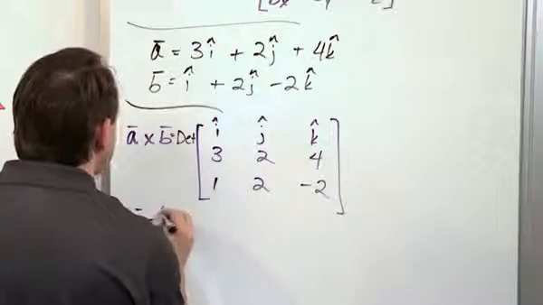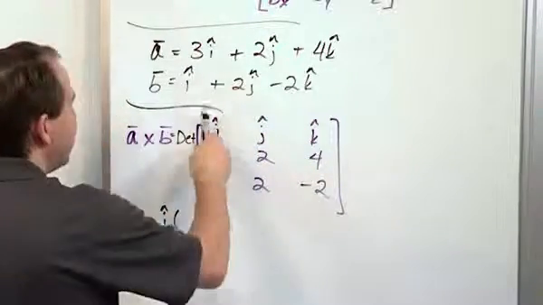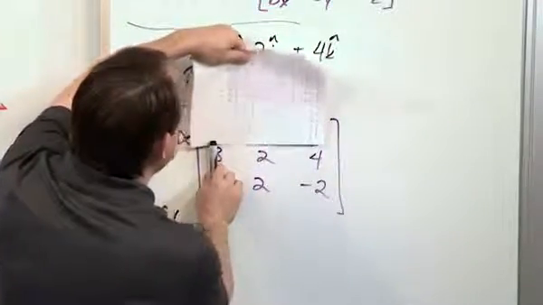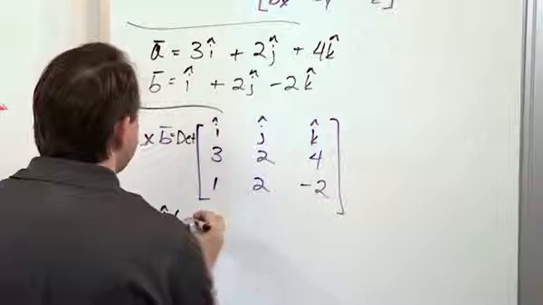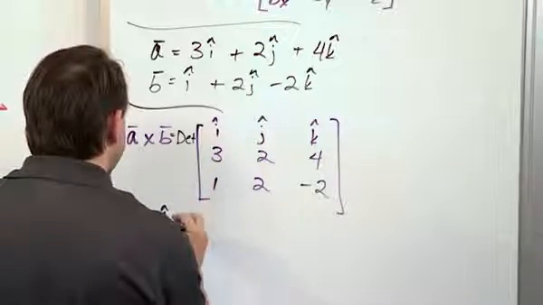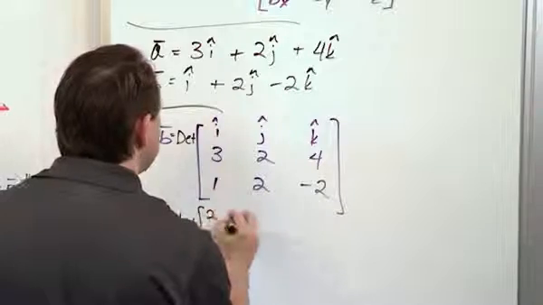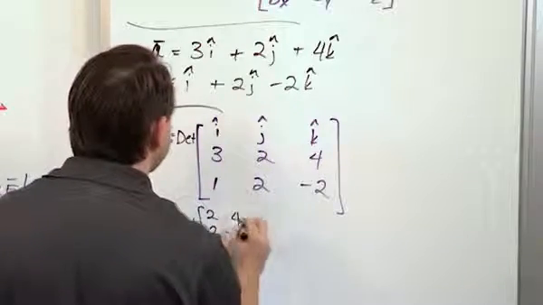It's going to be the I direction, and inside you cover this up and you cover this up like we did in the last section: 2, 4, 2, negative 2. So just to make it absolutely clear, it's I times the determinant of 2, 4, 2, negative 2.